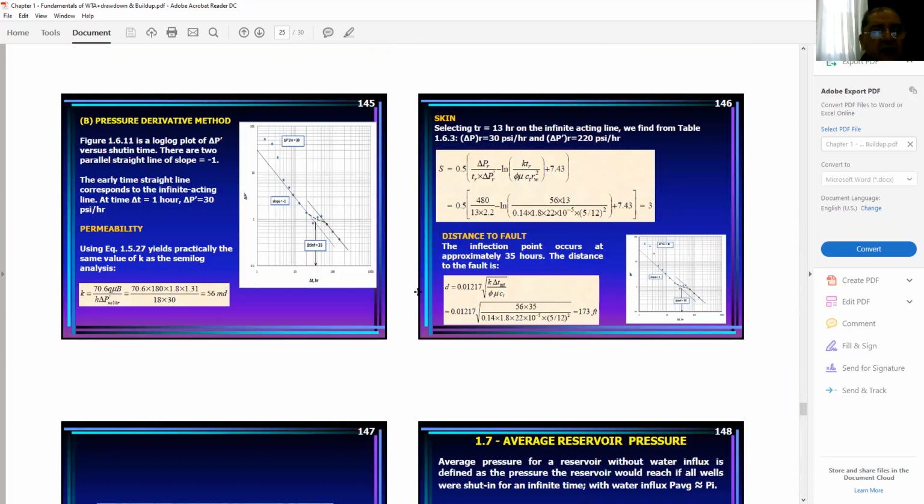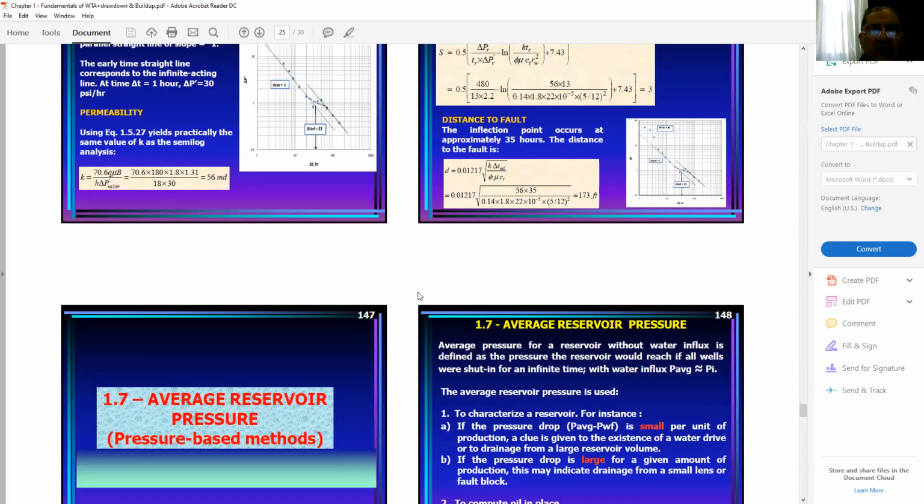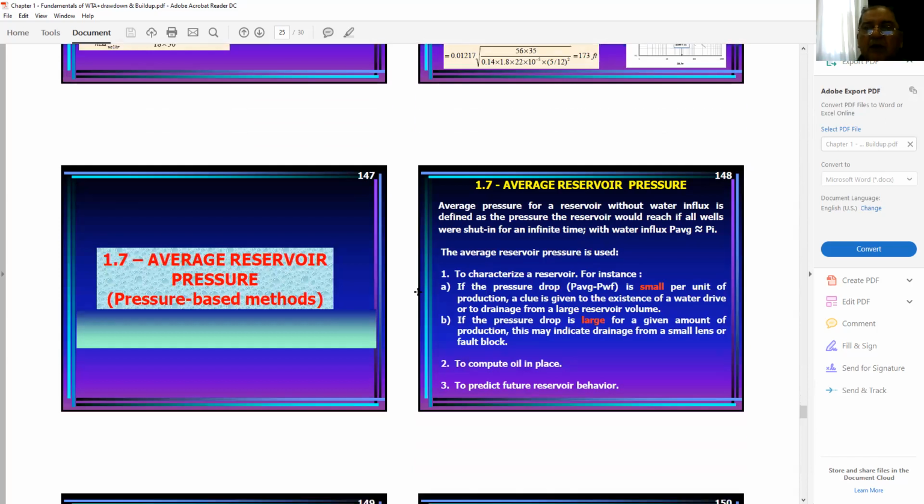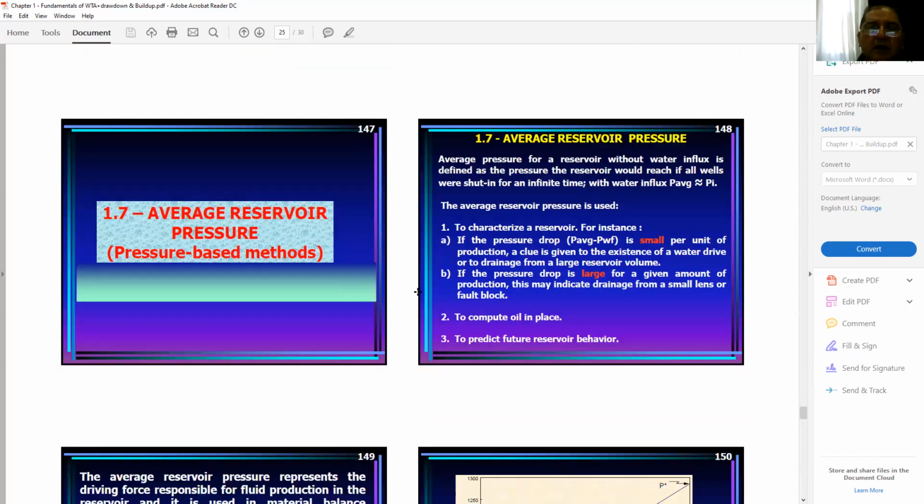Of course, how to calculate D using pressure drawdown test and the pressure build-up test. So here is what we need to cover this week: average reservoir pressure from pressure build-up test.